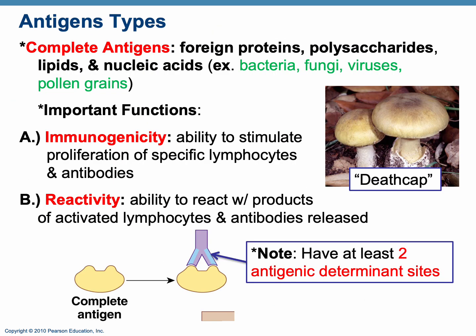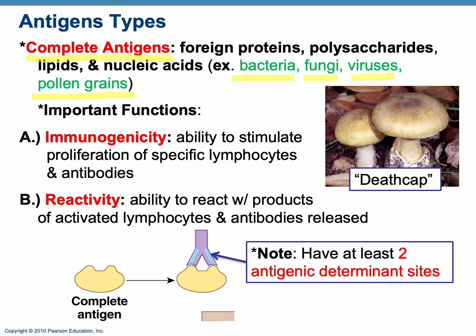Okay, so we're now going to take a look at different types of antigens, and really there are two major categories that we're going to focus in on. First, we're going to learn about complete antigens. Typically we're looking at items such as different pathogens, bacteria, fungi, viruses, but even items such as pollen grains.